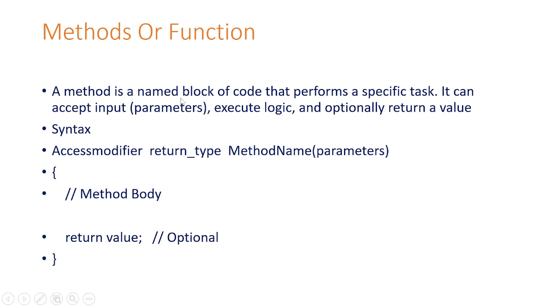A method is a named block of code that performs a specific task. The method is to perform a specific task. It can accept input parameters, execute logic, and optionally return a value.